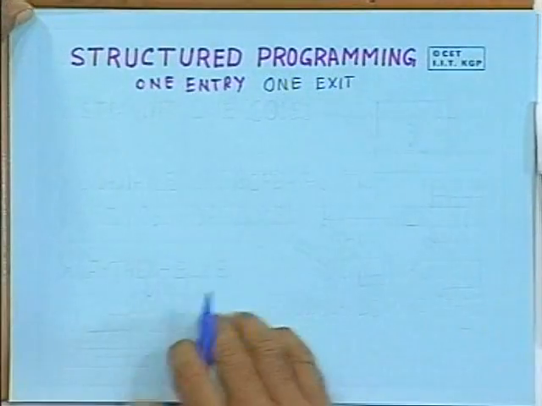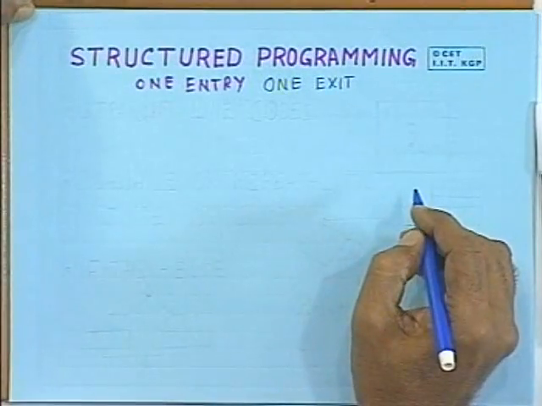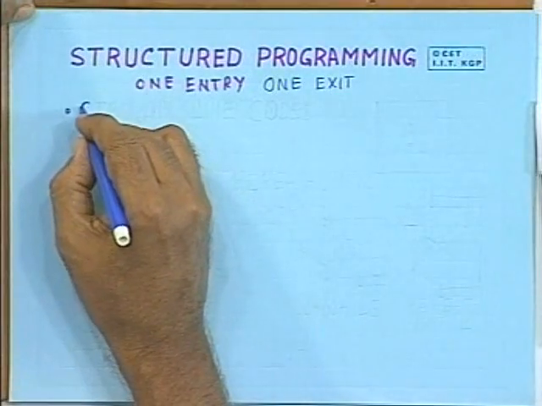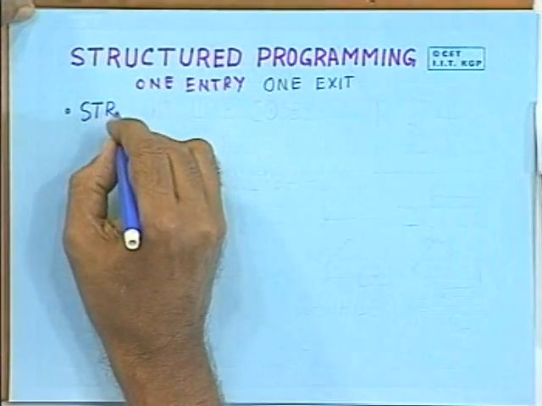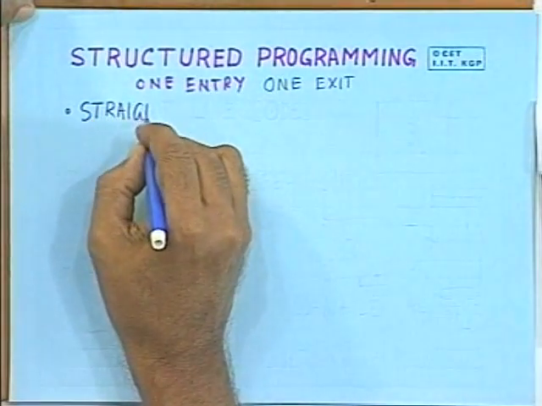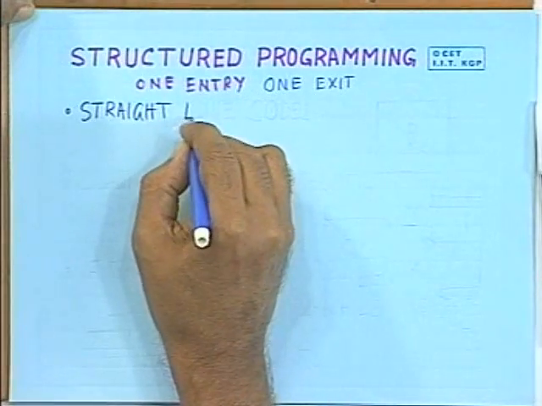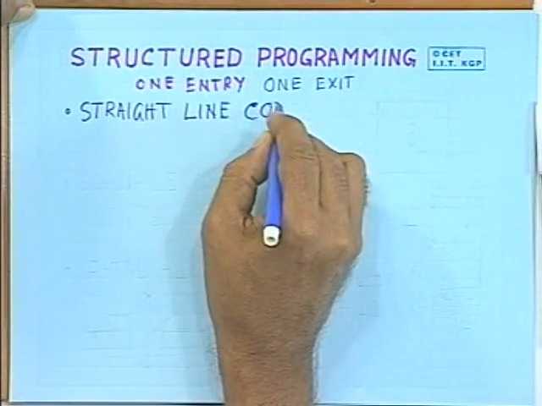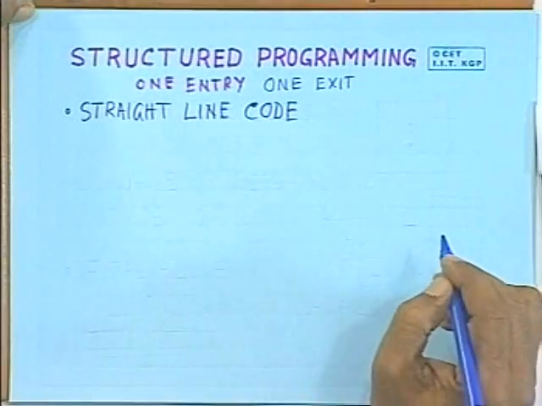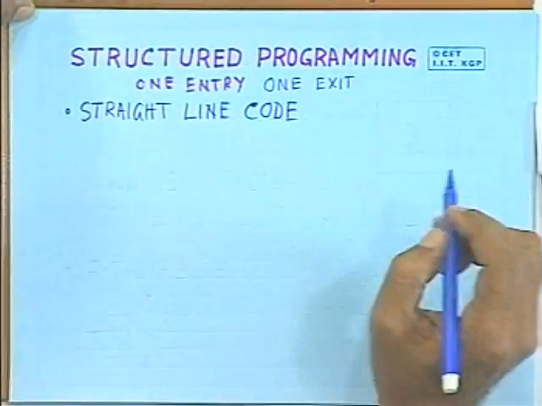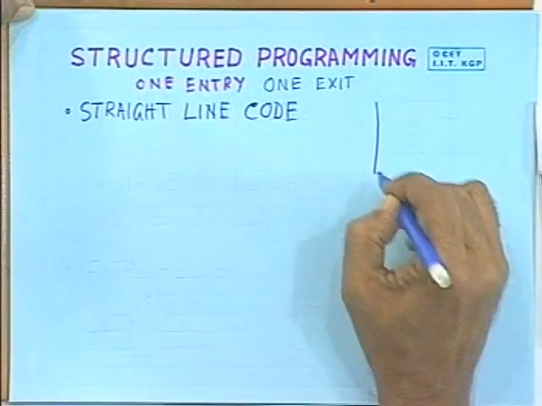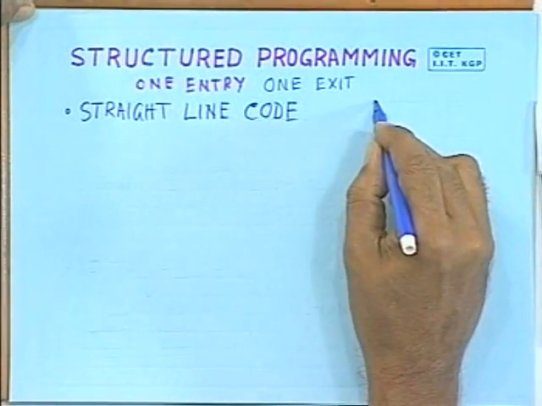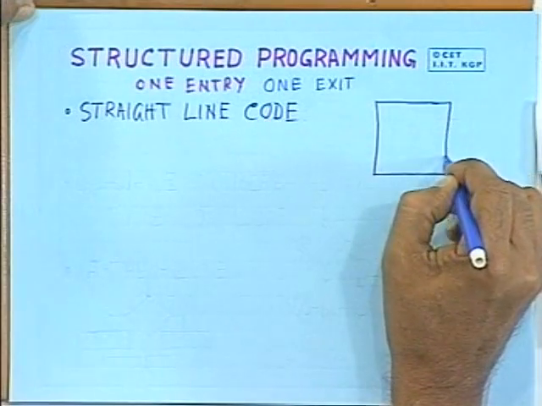What are the different types of blocks that are used? First one is straight line code. In the last lecture, I gave an example of a straight line code, and in such a case the block will appear like this.